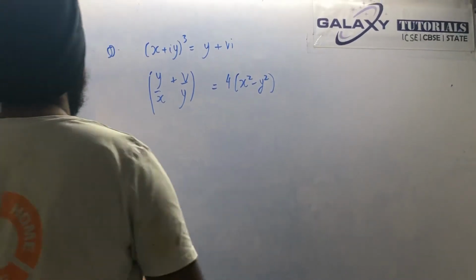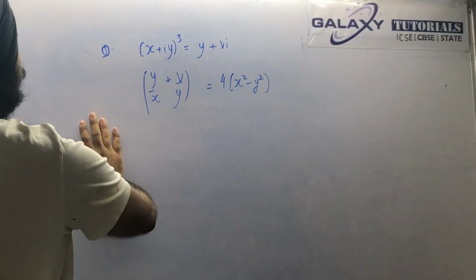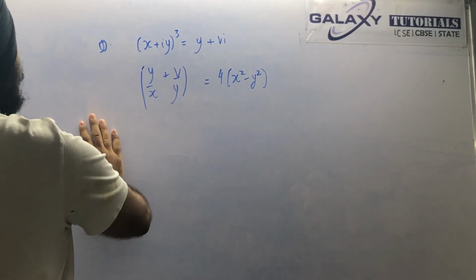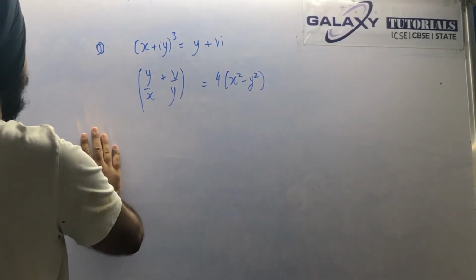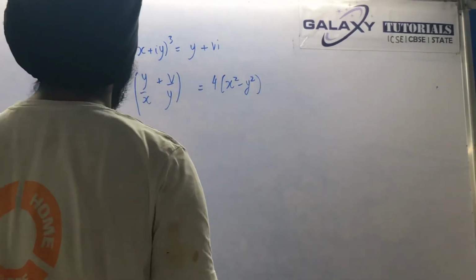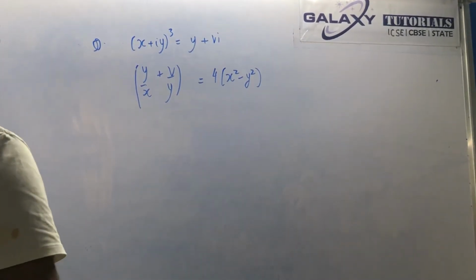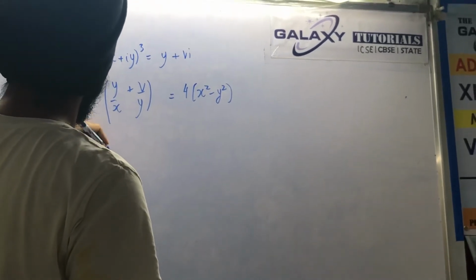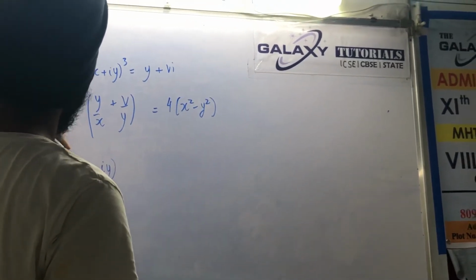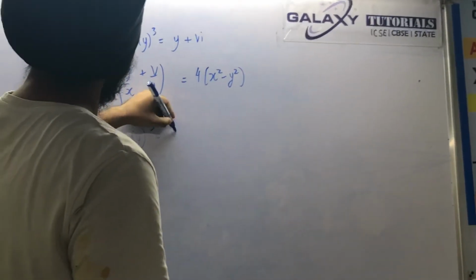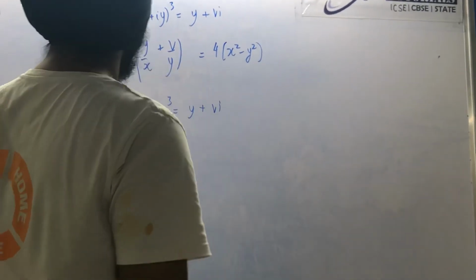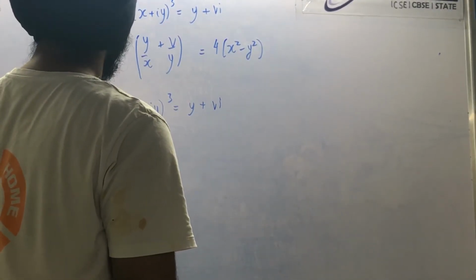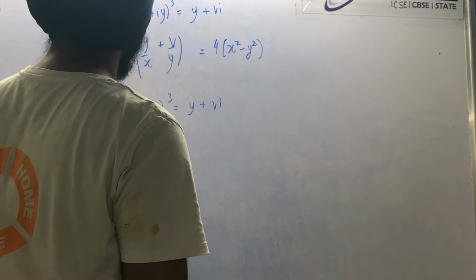Okay, so how to proceed in this question is, you can find the value of u and v in terms of x and y. So first of all, just open this whole cube. This is x plus iota y whole cube.